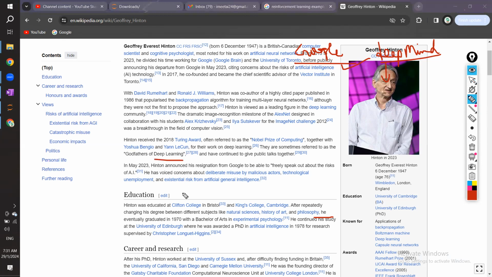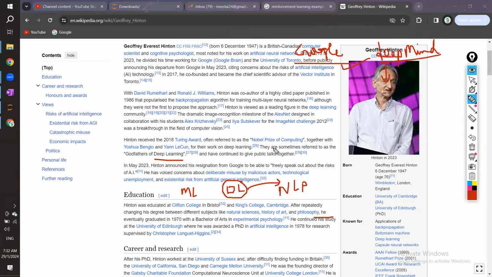As I said, you have ML, which is machine learning, which we are going to study, and next you have deep learning, and also NLP, which is natural language processing. Most of the research happens in deep learning, and the applications are present in NLP.